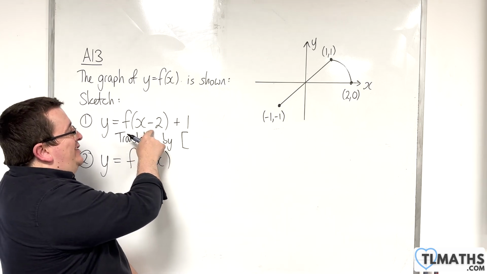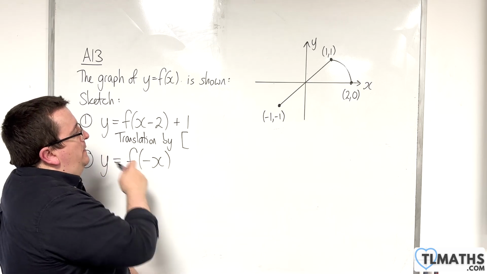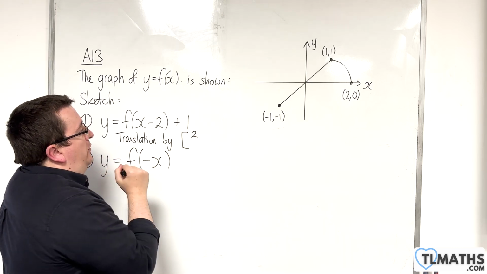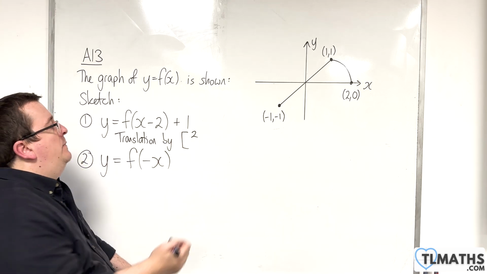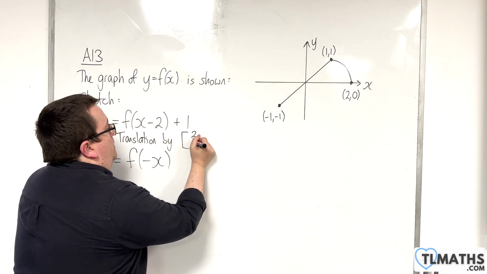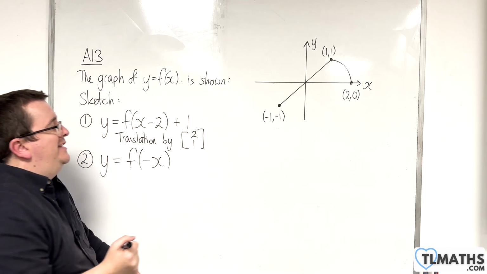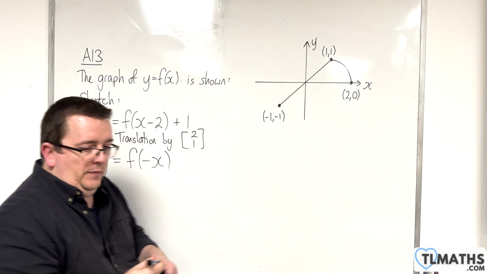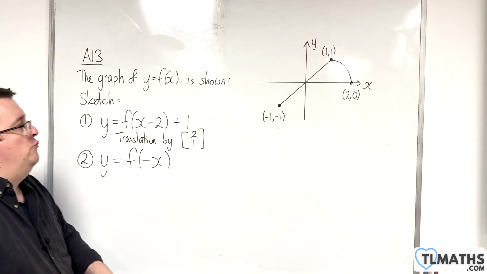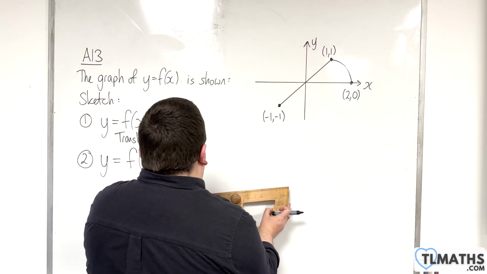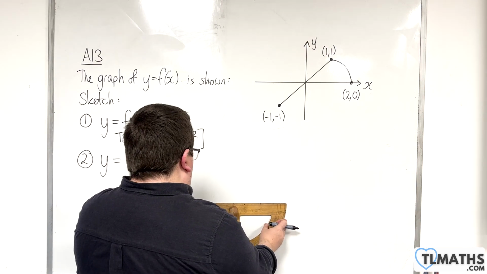This affects the x direction, so horizontal direction. So that will be 2 in the horizontal direction. The one outside is as it is, and so that's affecting the y direction, and so it's a translation by the vector 2, 1. So we need to translate this graph by 2, 1. So let's see what we can do with that.